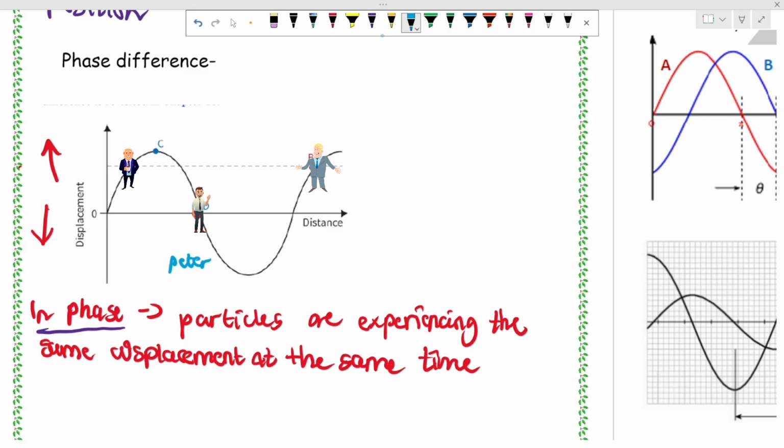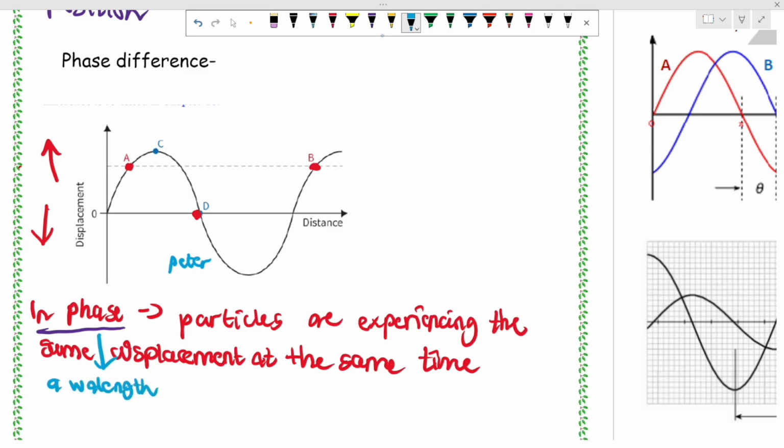If you understand that in phase means particles experience the same displacement at the same time, you should know how to locate particles that are in phase. Particles that are in phase are usually a wavelength apart.